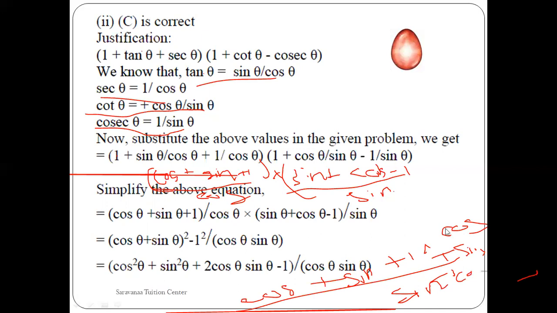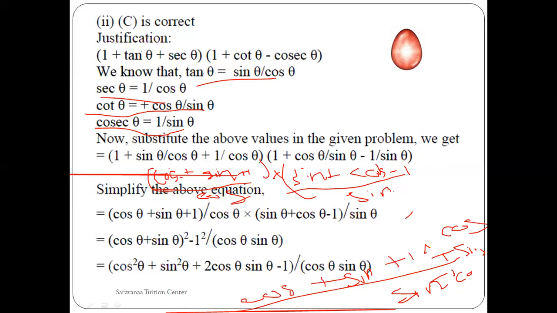Then multiply cos into sin, cos theta sin theta. Then cos into cos, cos square theta. Then cos into minus 1, minus cos. Sine into sine, sine square theta. Sine into cos, sine cos. Then sine into -1, minus sine. Then plus 1 into sine, plus sine. Plus 1 into cos, plus cos. And plus 1 into -1 equals -1.